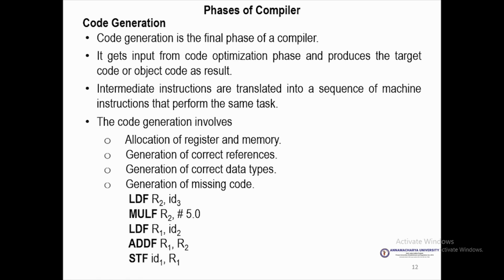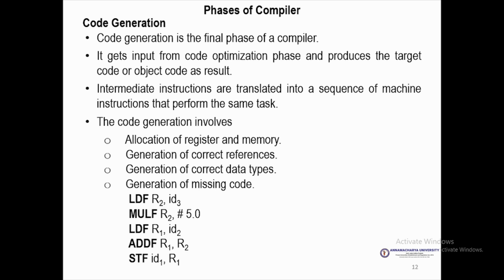The last phase is called code generation. Code generation is the final phase of the compiler. It gets input from the code optimization phase and produces the target code or object code as a result. Intermediate instructions are translated into a sequence of machine instructions that perform the same task.